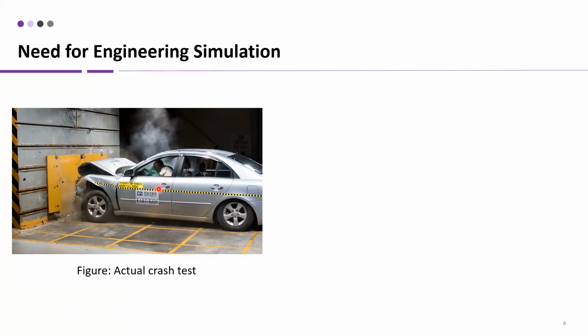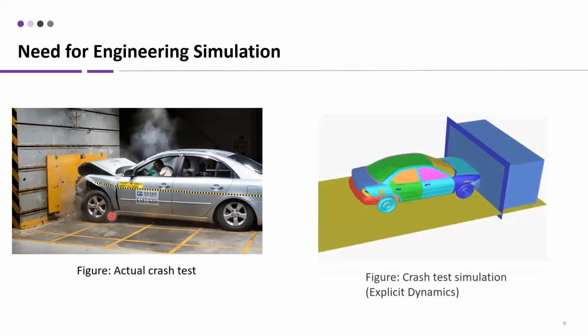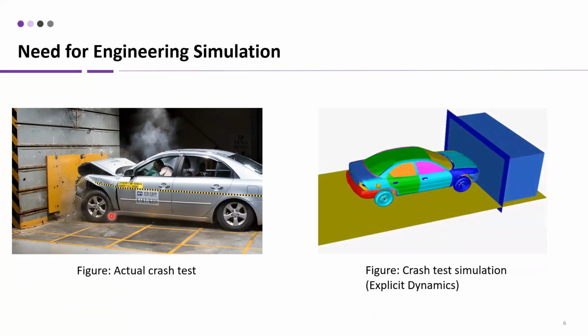So we study how it impacts the dummy driver, and the stress distribution, the failure, the cracks, and all sorts of things. As you can see, this is a costly test, right? Because we are actually crashing a car into a wall. So instead, we could simulate this virtually using explicit dynamics.